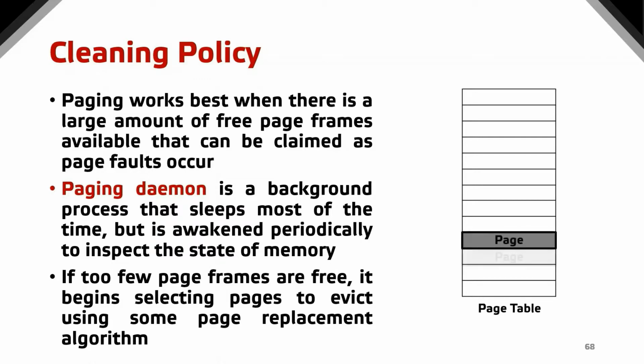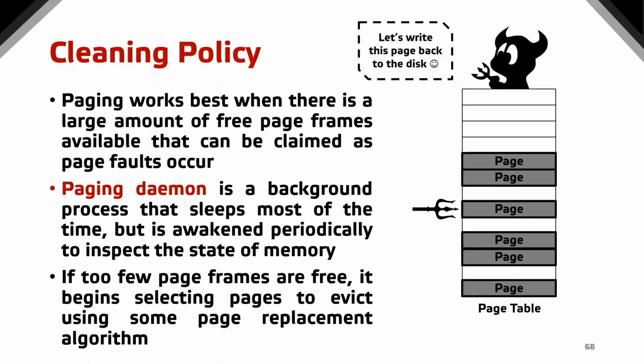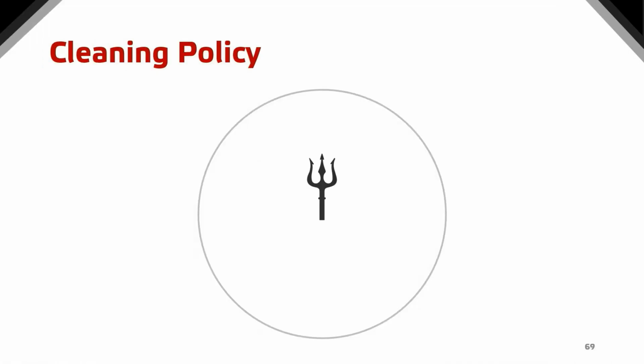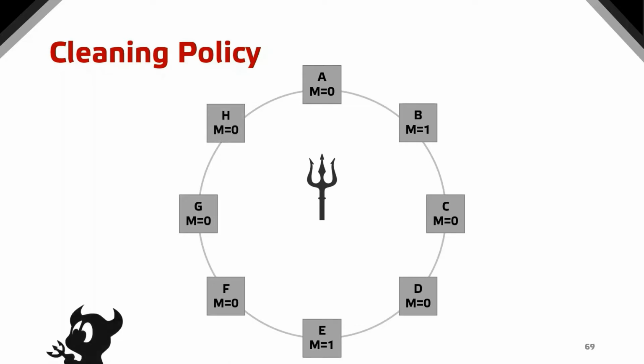As you can see, the number of pages becomes larger and larger in our page table, and when the page daemon comes at any instant of time, it tells us to write some pages back to the disk. Let's now observe how the paging daemon works with the working set clock algorithm. Before or after our normal page algorithm does its work, the daemon simply searches for the dirty pages and schedules them to the disk.